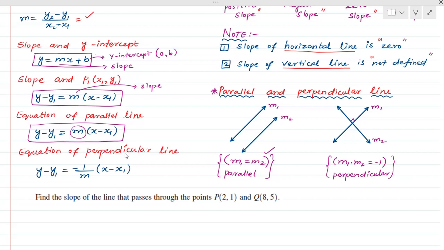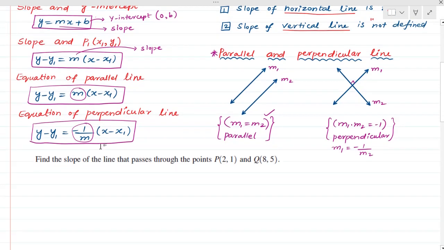Whereas in the perpendicular, you will have a change of the formula. y minus y1 equals minus 1 over m, because of this I will calculate m1. What is m1 here? m1 is equal to minus 1 over m2. So it is the negative reciprocal, minus 1 over m. That is the slope of a perpendicular line. So we will use these formulas whenever required.